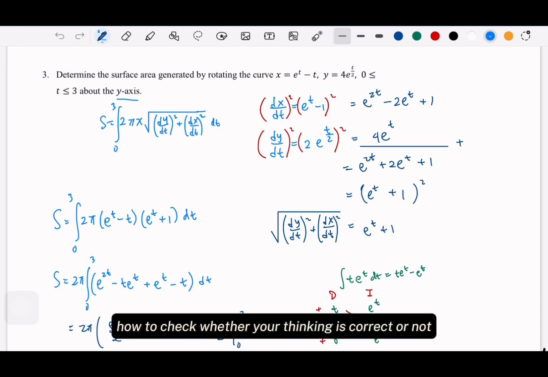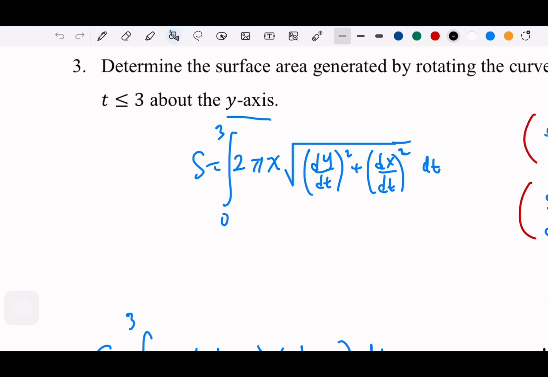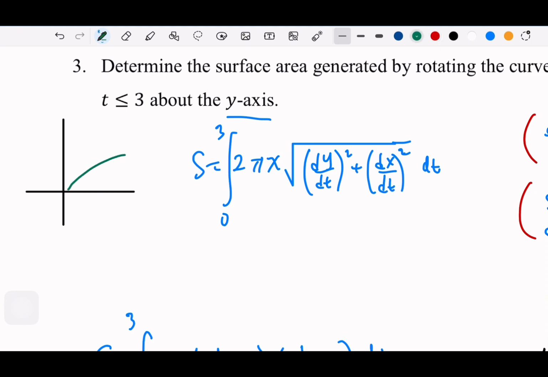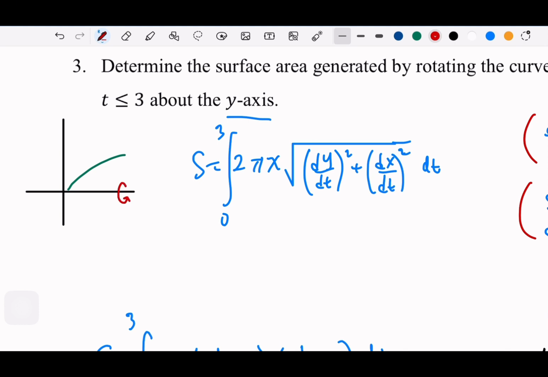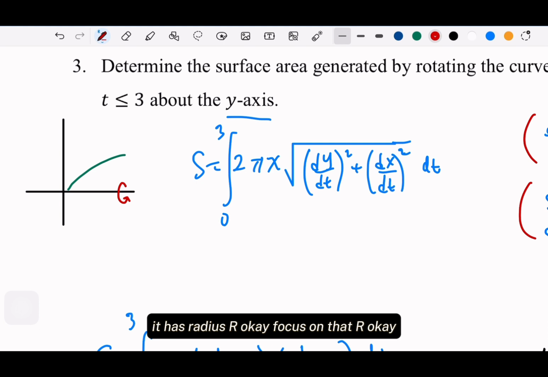Okay. And how to check whether your thinking is correct or not? You can try to imagine. Okay, if I have this curve, maybe first I will try to rotate it about the x-axis. Rotate this, then we have a circle around this x-axis. Right? It has radius r. Okay, focus on that r. So this is r, right? Now compare with the y-axis.